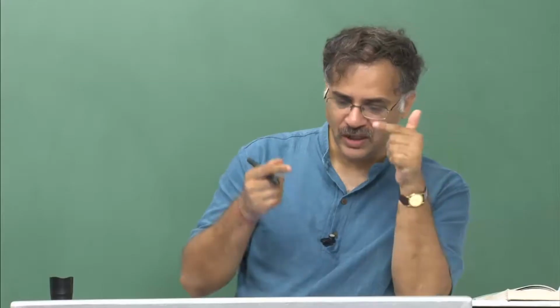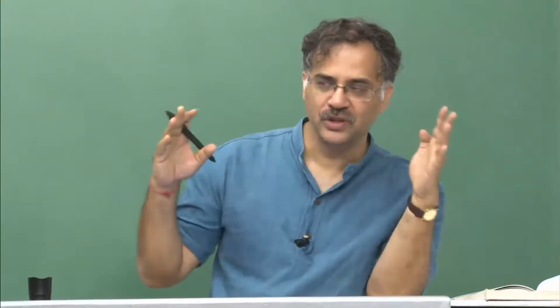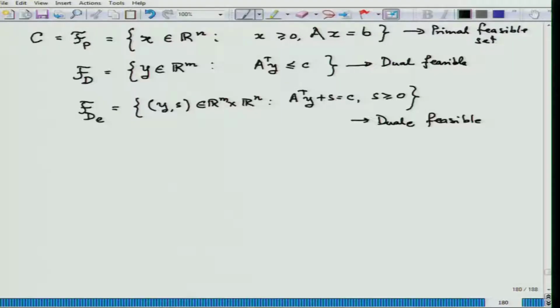One must remember, when you add a slack to a dual problem, though the problem remains equivalent in the sense that you have the same solution, the feasible set is no longer equivalent, in the sense that they are in two different spaces. You cannot say this coincides with this. Any y which satisfies this, there would be an s for which (y, s) would be in this. For any (y, s) which satisfies this, that particular y will satisfy this. So, equivalence in this sense, but not in the sense of exact equality of the sets.